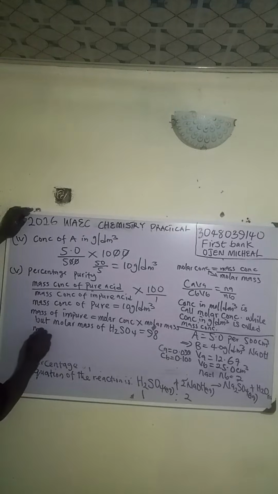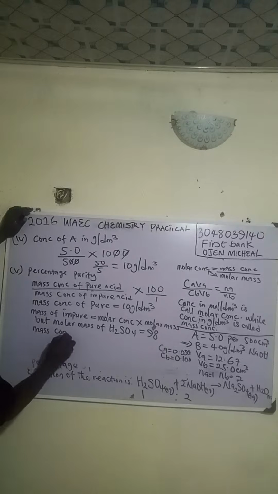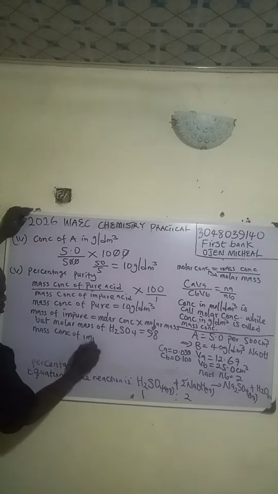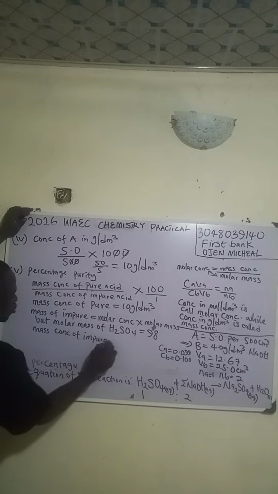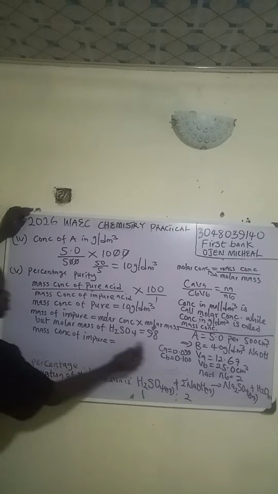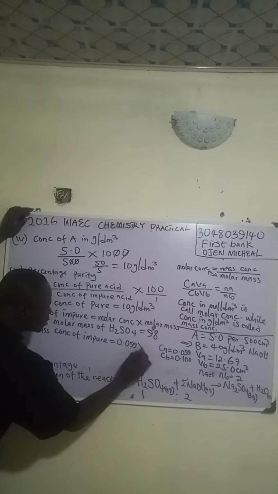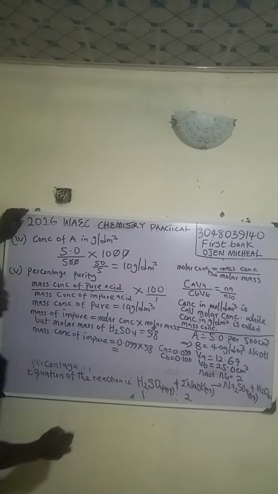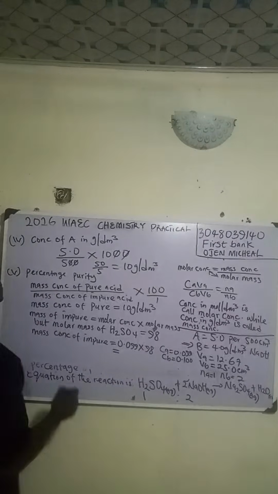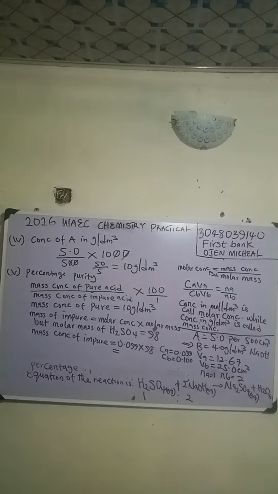Therefore, the mass concentration of the impure acid will be equal to what? What is the molar concentration? Look at the molar concentration. 0.09 times 98. So equals to what? What do you have as the answer?